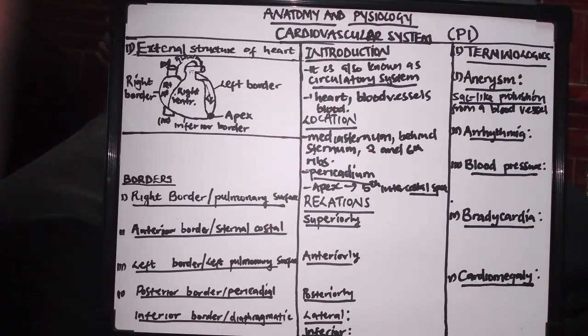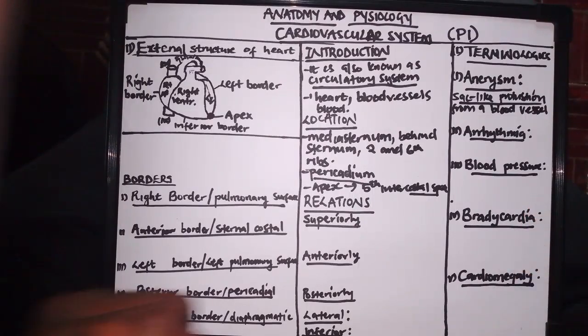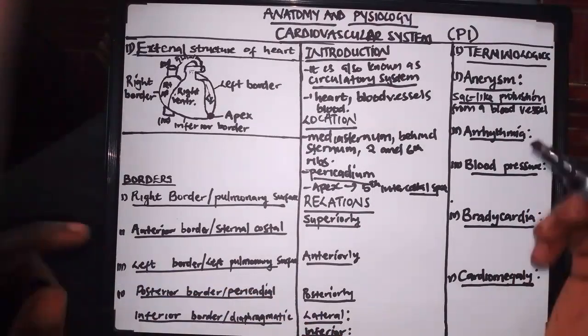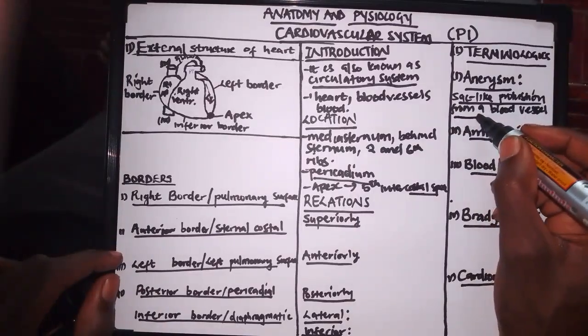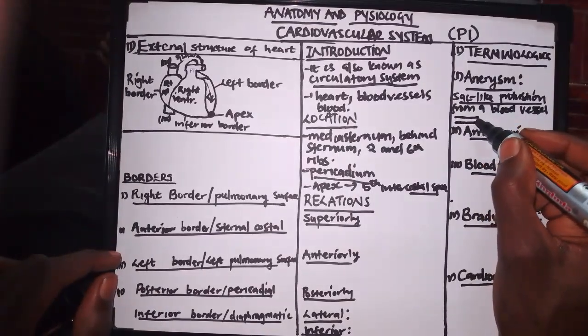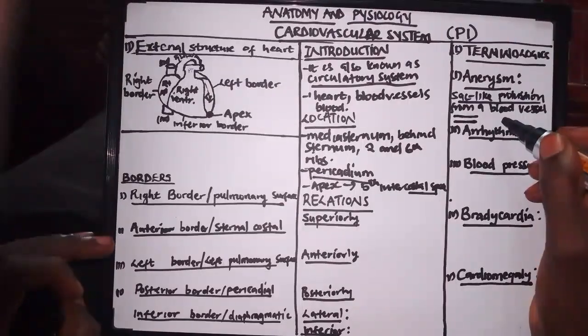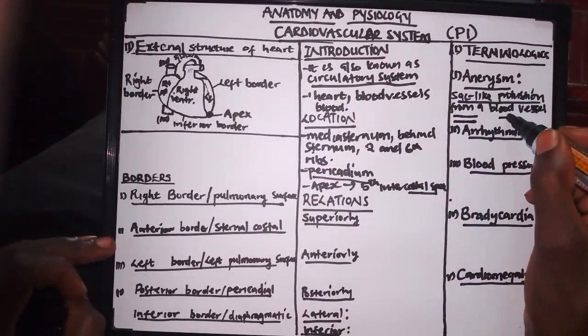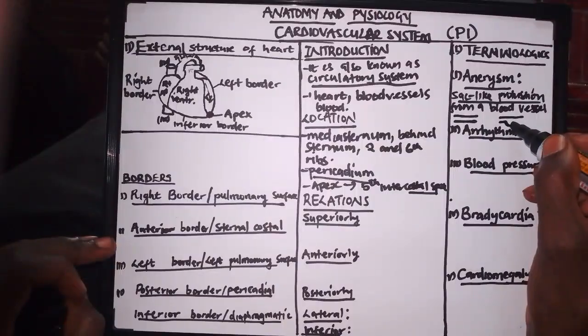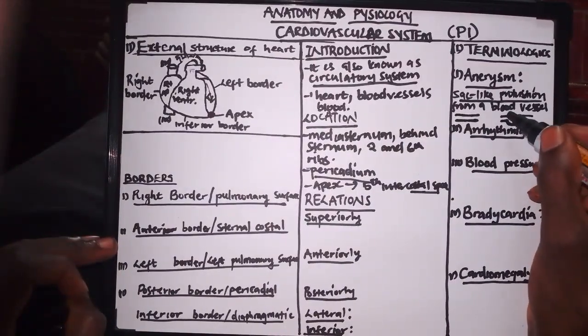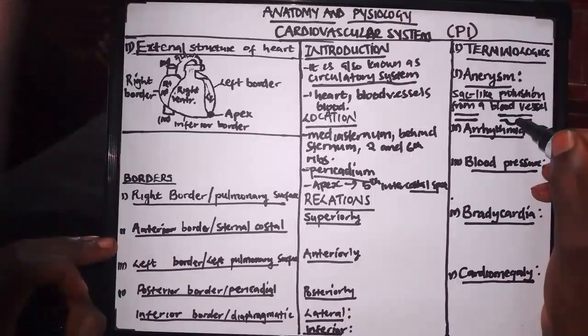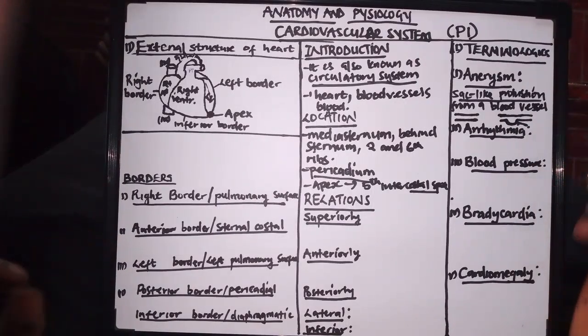A protrusion is when something is out of order. Let's say this is a blood vessel. Normally a blood vessel is supposed to look like this, but when there is an aneurysm, a blood vessel will look like this. This part which is coming out is known as an aneurysm.